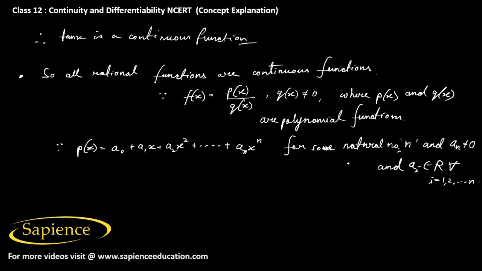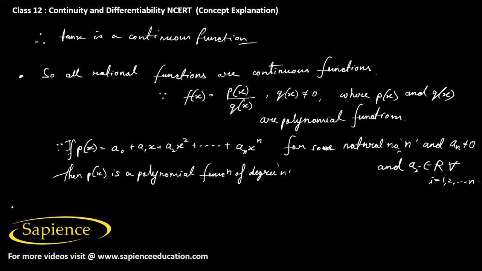Okay, so an should not be 0. So if p of x is this, then p of x is called a polynomial function of degree n.